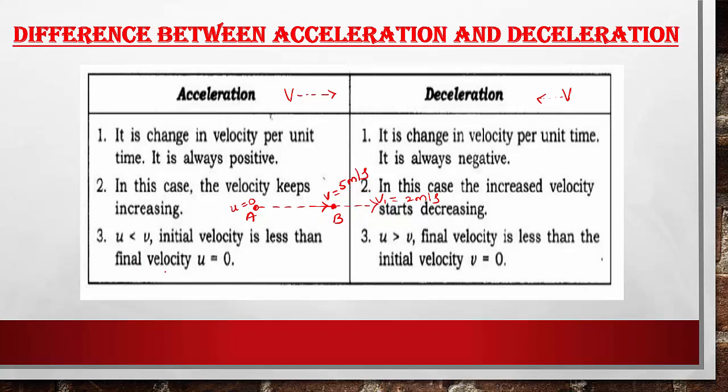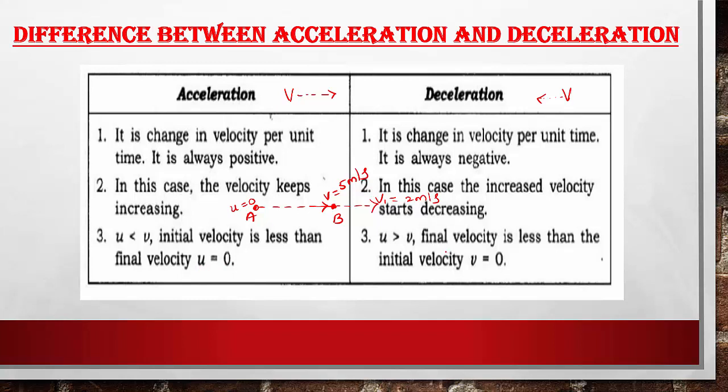Then come to the last point. Here u is less than v. That means the initial velocity is less than the final velocity, because here velocity is always increasing, so its initial value is always smaller than its final value. So u equal to 0 is the initial velocity.